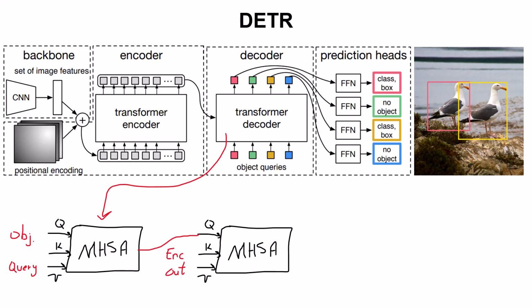Hopefully makes sense. I mean, someone could come and say, why are we using these object queries? What happens if I just only use the output of the transformer encoder as the input of transformer decoder? I mean, that could work, but these outputs of transformer encoders, they are only representing a single patch of the image.